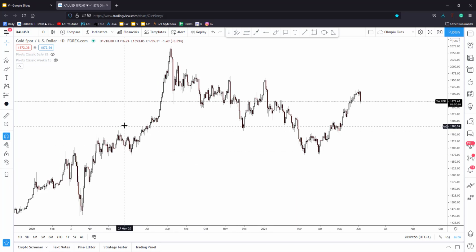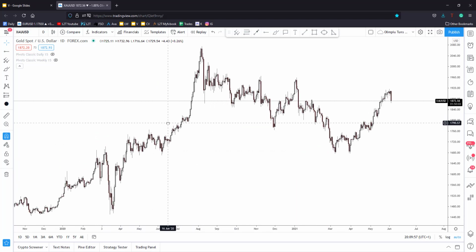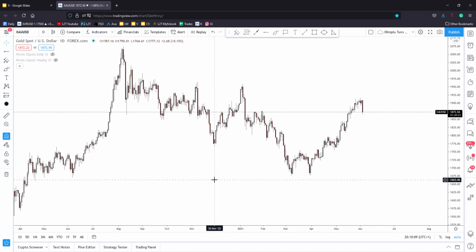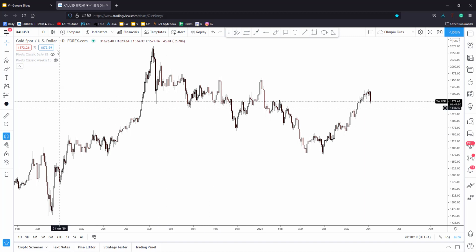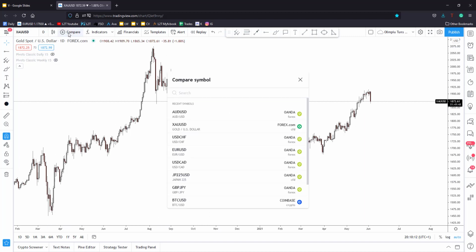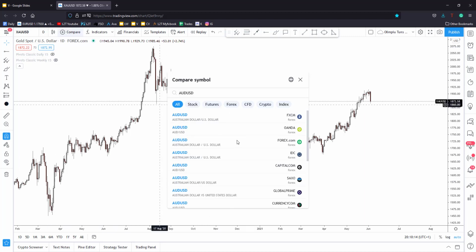Okay, you should not go short on gold when the Australian dollar versus the US dollar increases, and also when the New Zealand dollar versus the US dollar increases, you should not go short on gold. Okay, let's take a look again here.